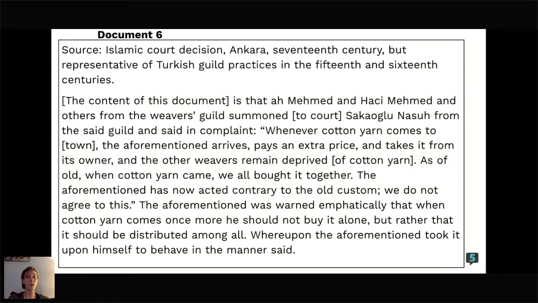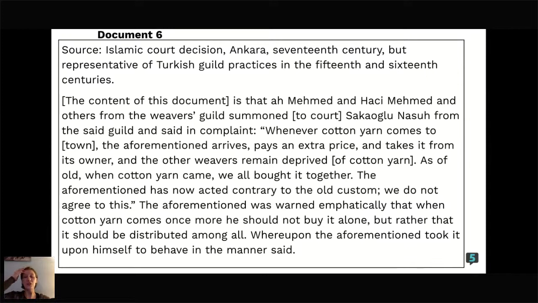As of old, when cotton yarn came, we all bought it together. The aforementioned has now acted contrary to the old custom. We do not agree to this. The aforementioned was warned emphatically that when cotton yarn comes once more, he should not buy it alone, but rather that it should be distributed among all. Whereupon the aforementioned took it upon himself to behave in the manner said.